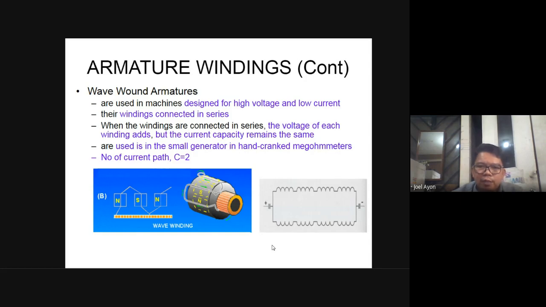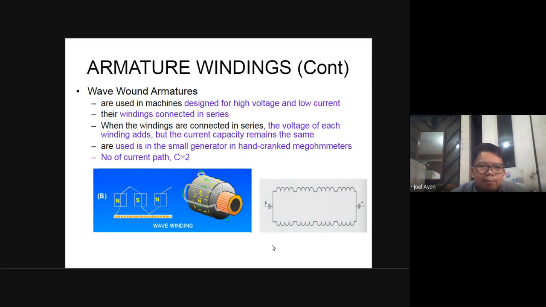If you connect the resistors in parallel, the voltage is equal, then the current will increase. But in series, the current remains the same, but the voltage will add up. I hope you can still remember. Do not forget that principle because it's very important.